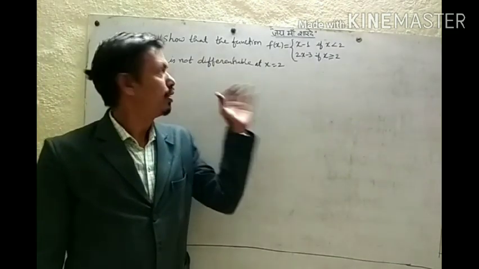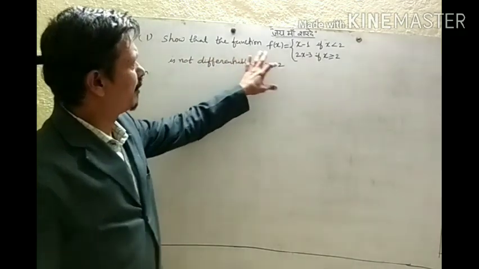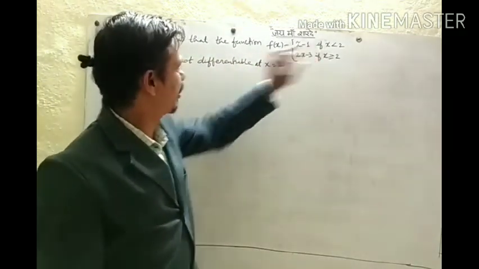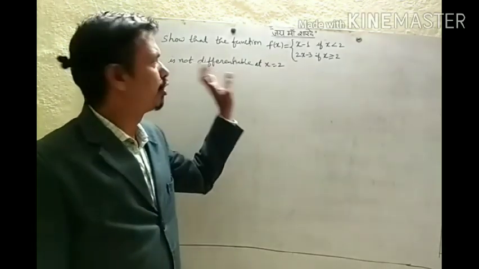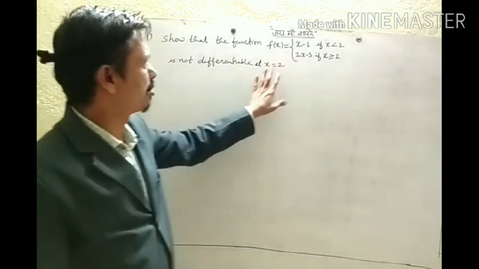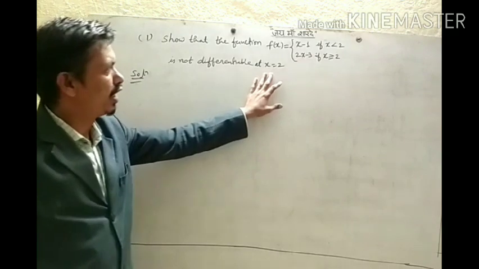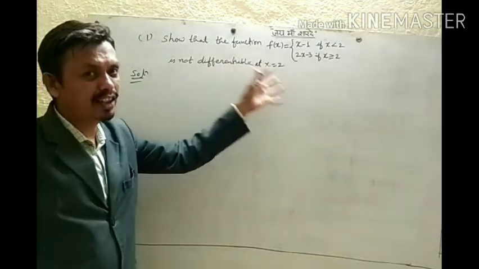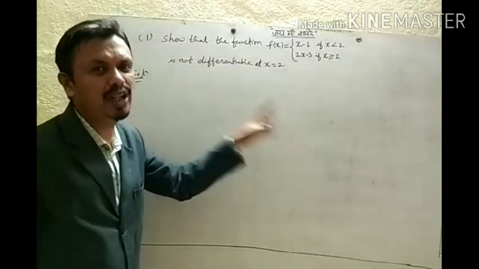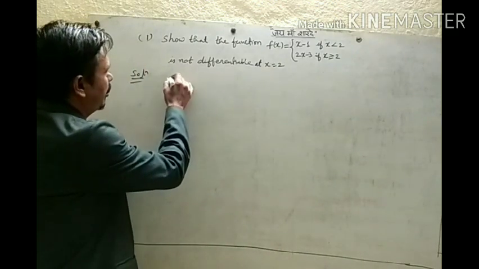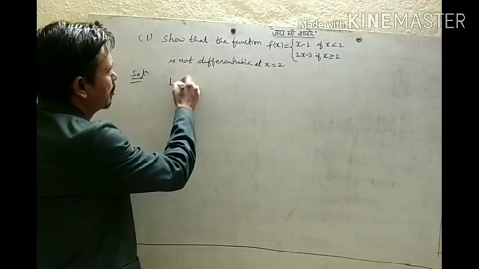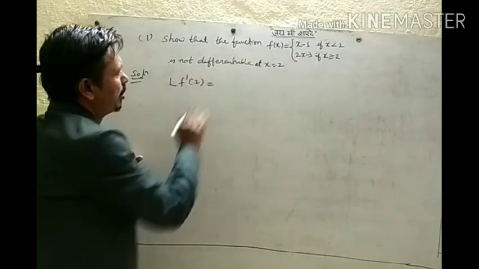Let's take an example. Show that the function f of x defined by this is not differentiable at x equal to 2. We have to show this function is not differentiable at x equal to 2. It means when we find its left and right hand derivatives, they will not be equal. So first, the left hand derivative of the function at 2.